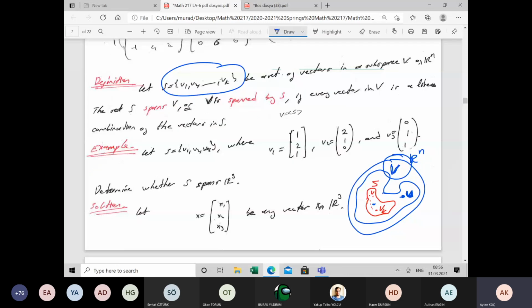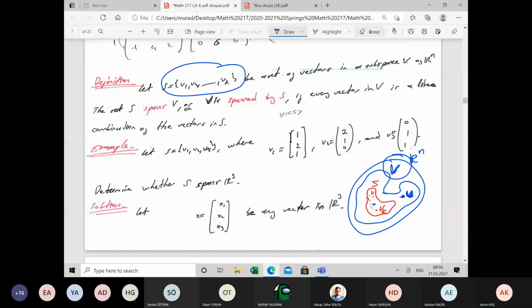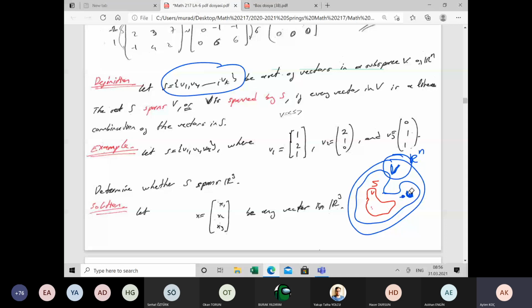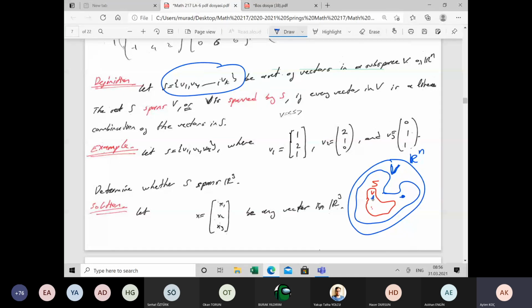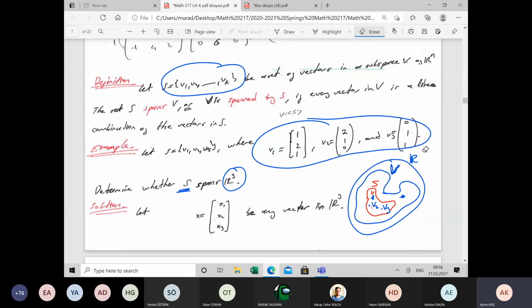S here contains 3 vectors, v1, v2, v3. In our example, we have only 3 vectors in S. Determine whether S spans R cube, not a subspace but the space R cube here, and check that our set S spans R cube.